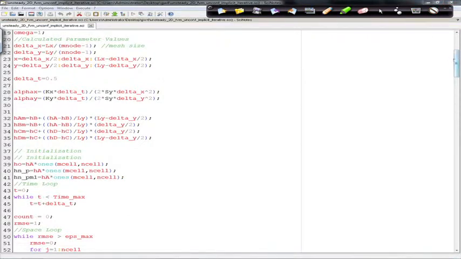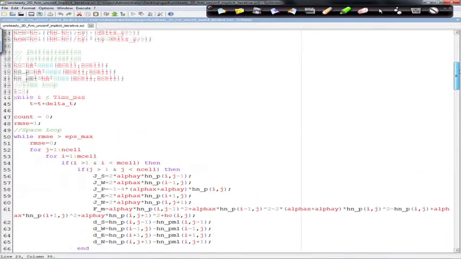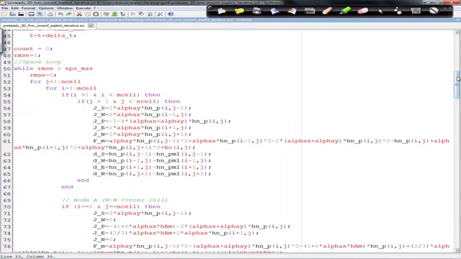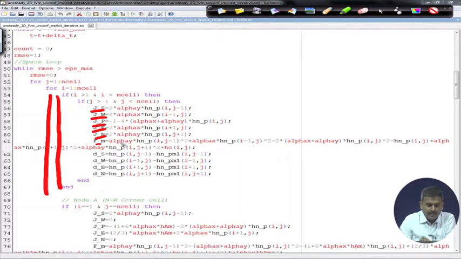Now, in this case again the approach is the same. We are writing the JS, JW, JP, JE, JN terms for the interior cell, and this is FM.